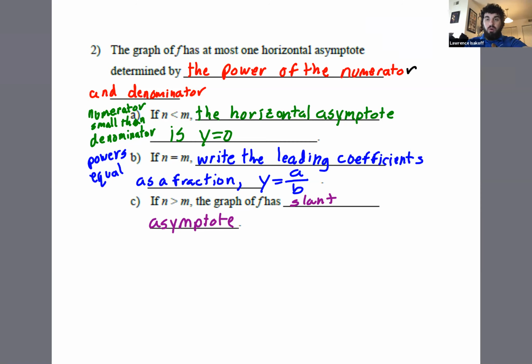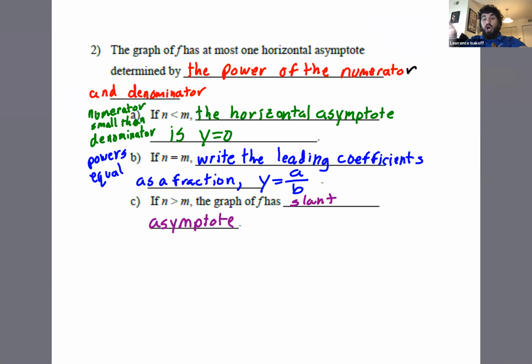If the numerator has a smaller power than the denominator, simply put, it has a horizontal asymptote at y equals 0. And I'll give a common example of this. I know I said this yesterday.